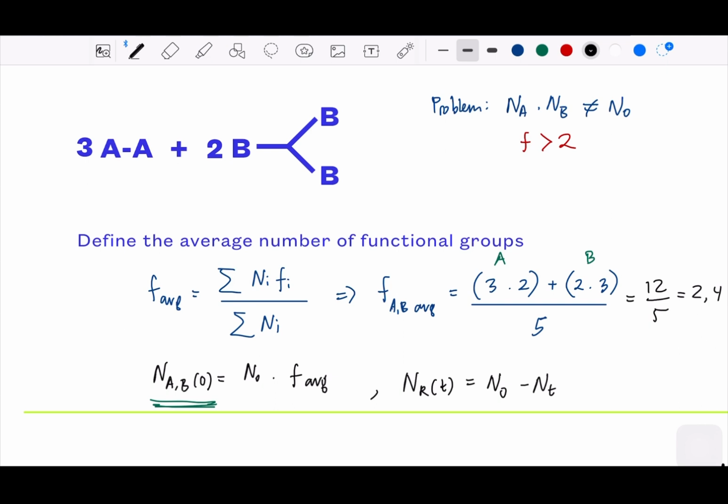You can also read this N_R as molecules that reacted, which means the initial molecules minus the molecules that are left. So molecules that polymerize.